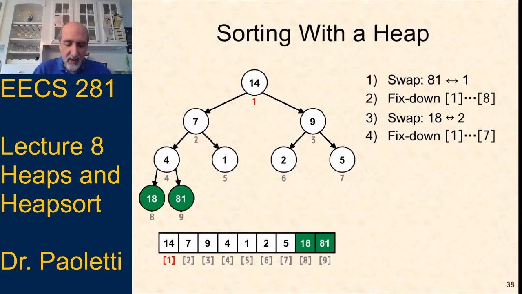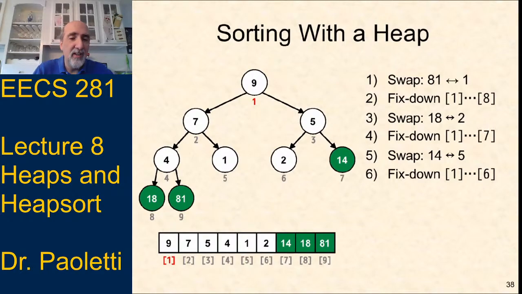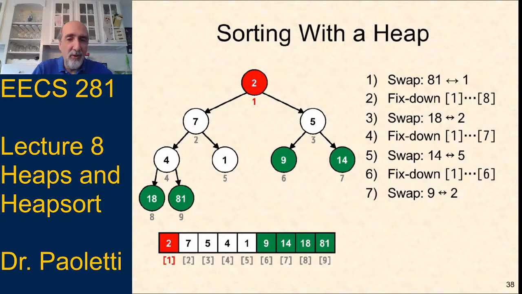So then we swap the root with index 7. We set index 7 aside, and then we fix down all but the last 3. Then we swap with index 6. We fix down to index 5.